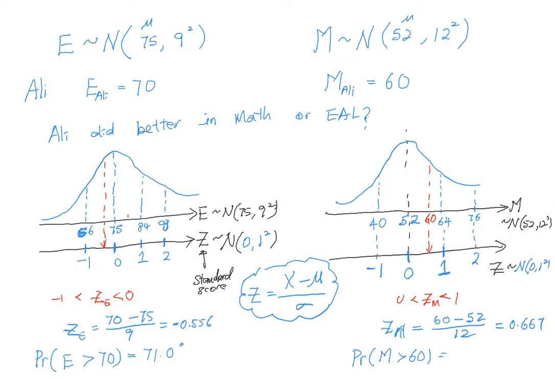I got 71%. Then this one is 25.2%. Am I right? So that means only 25.2% perform better in maths than Ali, compared to 71% perform better than Ali in EAL. So Ali performed better in maths.